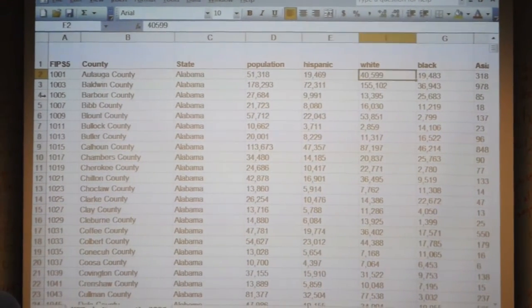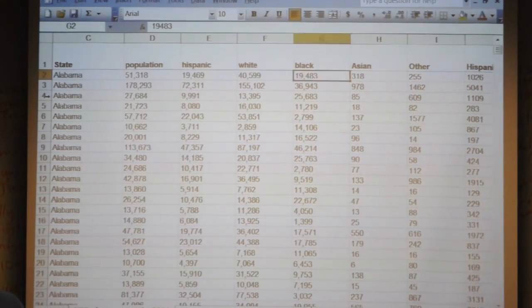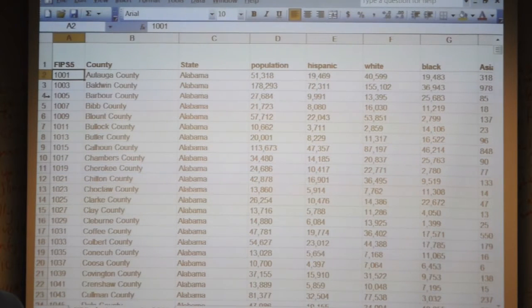It's a list of all of the counties in the United States, about 3,100 of them. And for each county, it tells you the population, how many are Hispanic, how many are white, black, and Asian, that sort of thing. A very common data file, but an example of the kind of data that we use in computer-assisted reporting. Again, very highly structured and follows a pattern that's well documented.